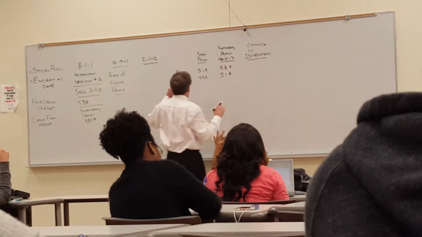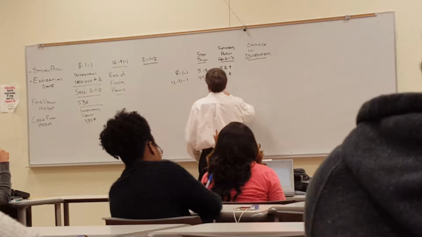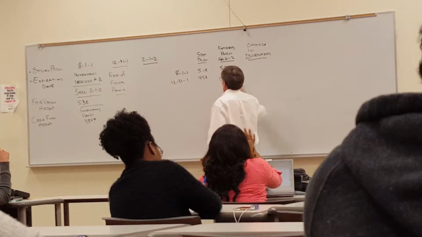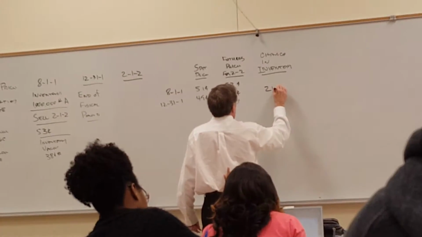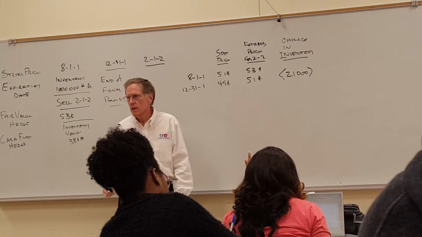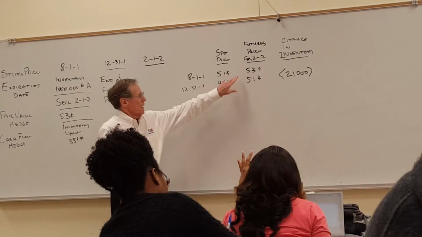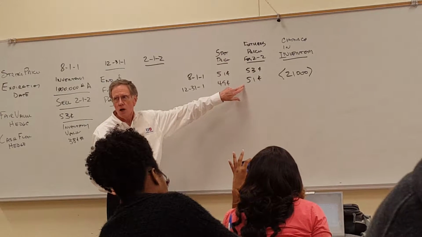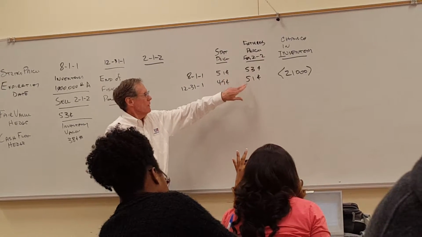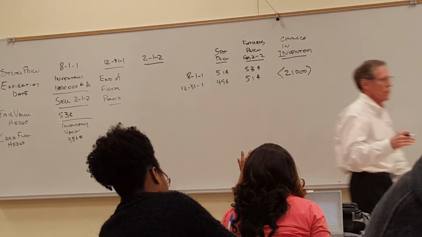But at the end of December, our inventory has declined in value, just like the price has gone down, by $21,000. So the inventory went down, and the futures price has gone down. So we've made money on the futures, and we've lost money on the inventory.